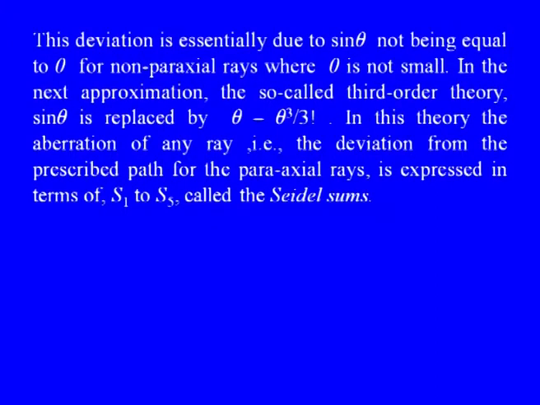In this theory, the aberration of any ray, the deviation from the prescribed path for the paraxial rays, is expressed in terms of S1, S2, S3, S4, S5, called the Seidel sums.